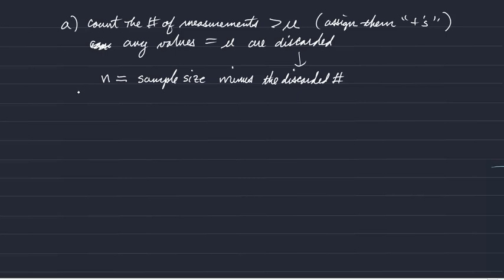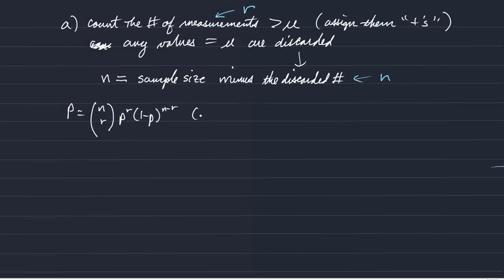So once you've done that, this defines R, the number of successful measurements greater than mu, and this defines n. And so big P, as you may recall, is the binomial coefficient n over r times little p raised to the r power times 1 minus p raised to the n minus r power.